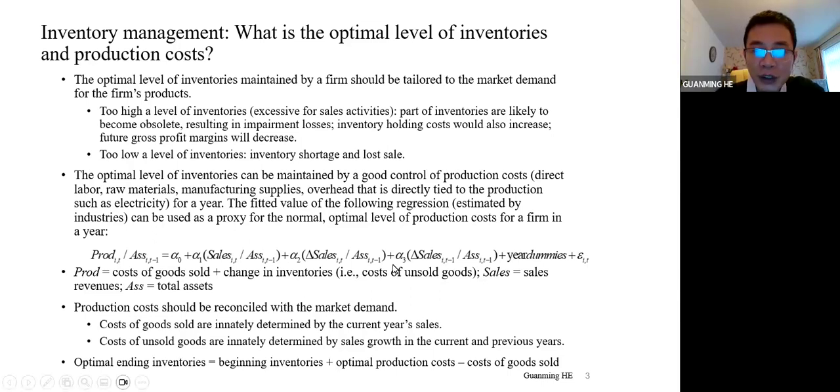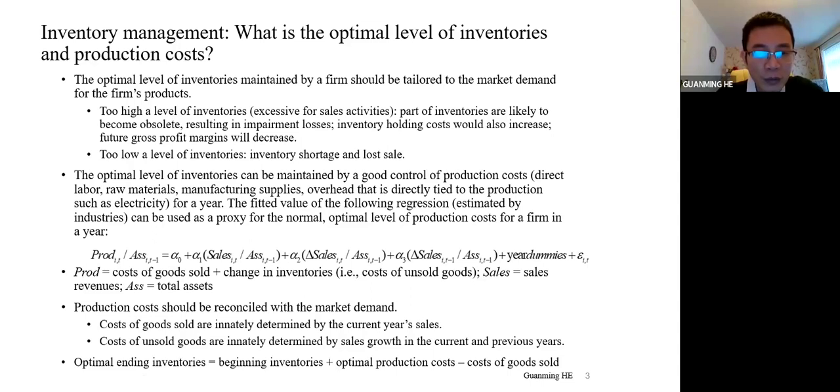We have separate determinants of the cost of goods sold versus the cost of unsold goods. Let's first take a look at the determinants of the cost of goods sold. They are innately determined by the current year sales. In other words, if the sales for the current year are higher, then holding all else constant, the cost of goods sold should be higher, right?